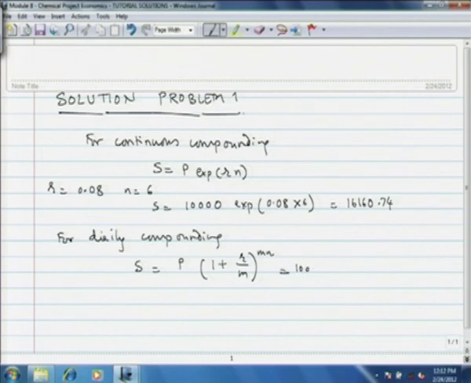For P we substitute 10,000, the nominal interest rate R is 8%, but it is compounded daily. So, M, the compounding period, is 365 days a year, and then the power is 365 days into 6 years, the total compounding period, and S in this case turns out to be 16159.89 rupees. So, that is the value of the 10,000 rupee deposit with daily compounding.